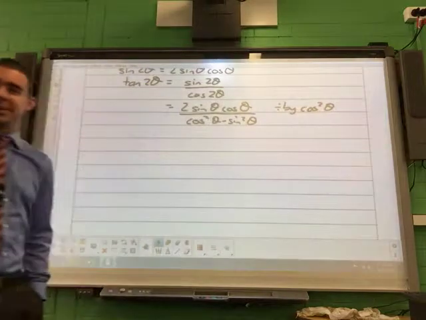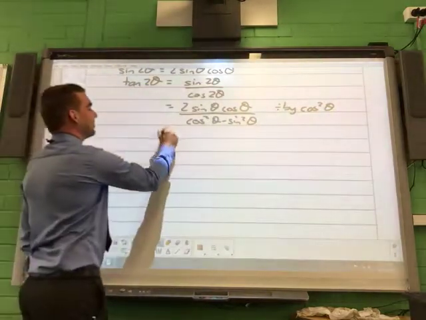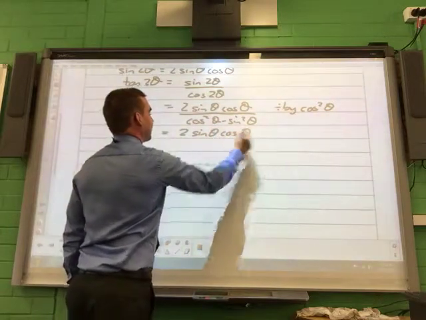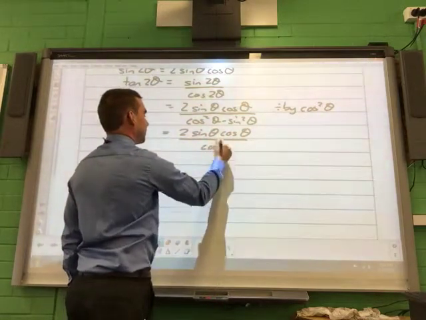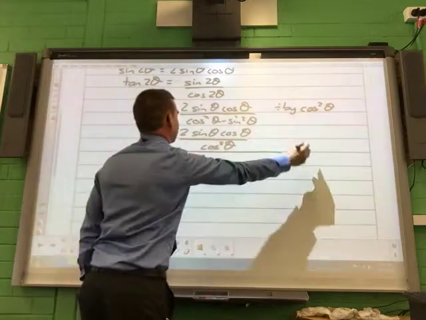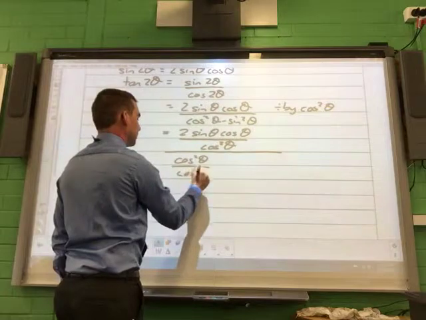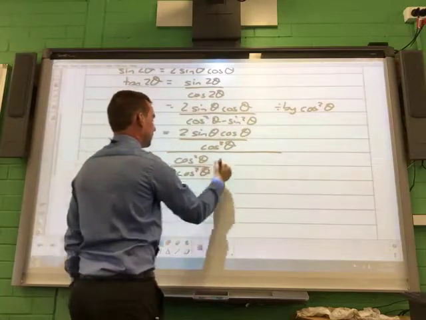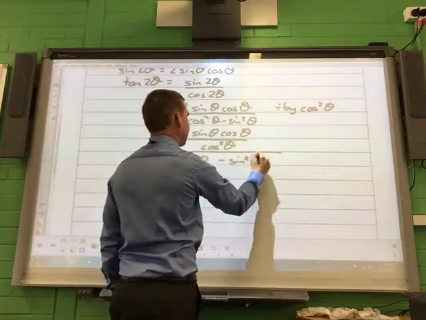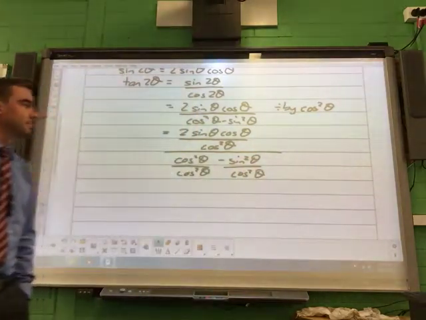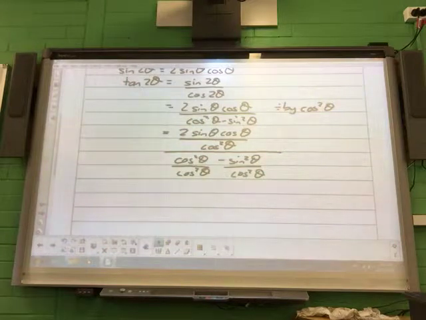Divide everything by cos squared theta. Every tan is divided by cos squared.